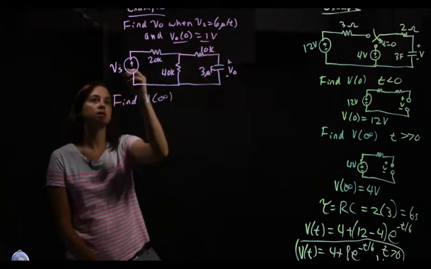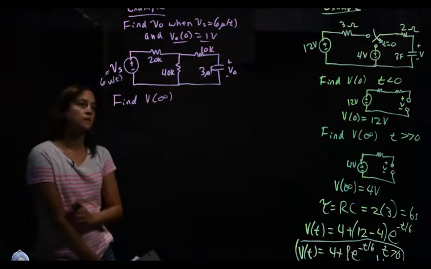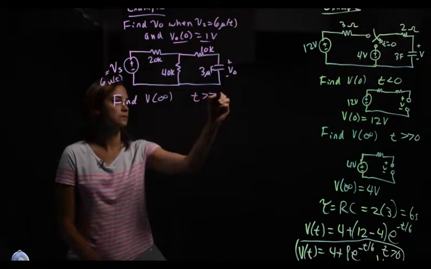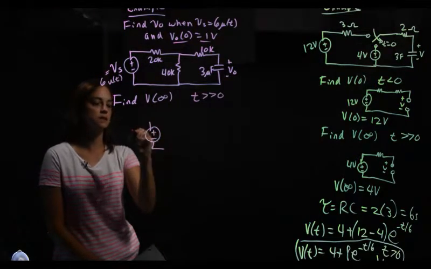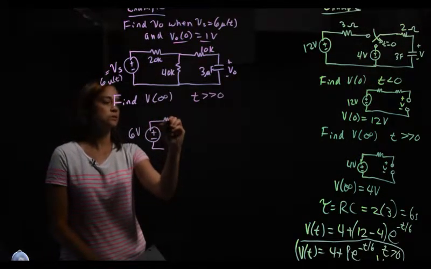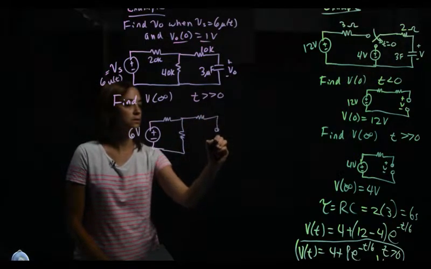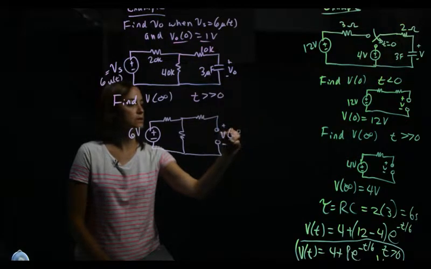So our source is 6u(t). So we're going to assume that we're far away from 0 and that we have a DC circuit. 6 volts, resistor, resistor, resistor, voltage. This is our v(infinity).